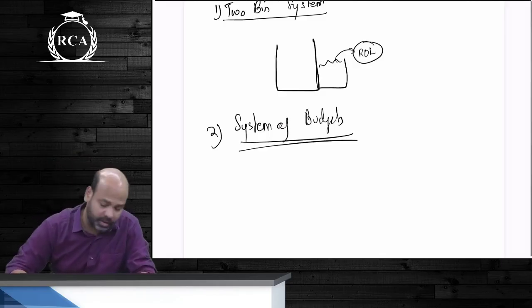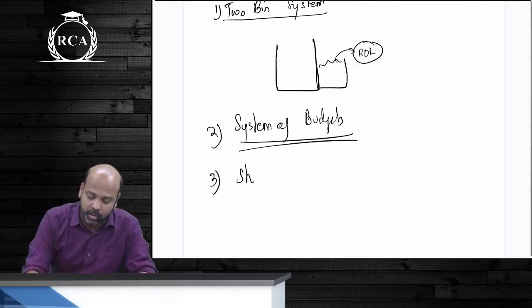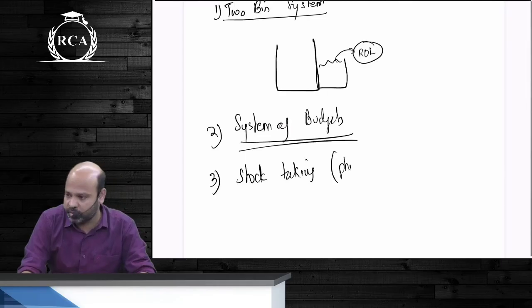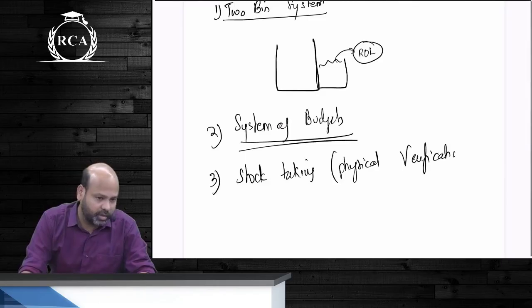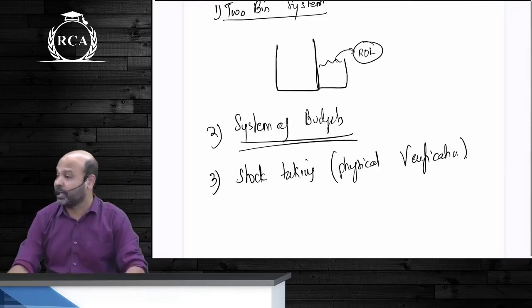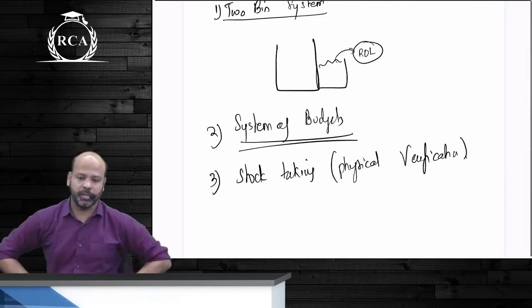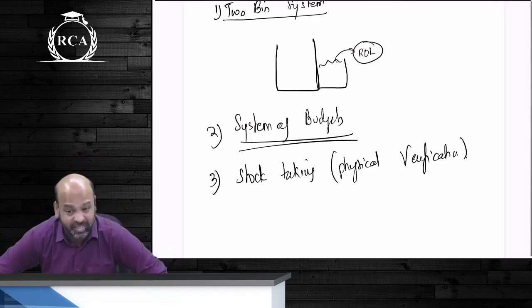And then guys there is something called stock taking. Stock taking means physical verification. Physical verification of inventory also comes under physical control. It can be continuous stock taking. Continuous stock taking is where inventories are continuously verified.